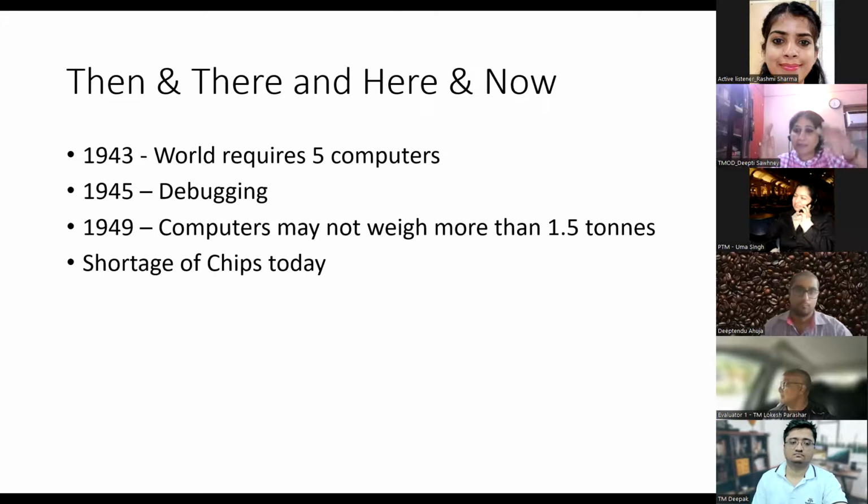The most popular fabrication units are in Taiwan, South Korea, China, and as Diptendu rightly said, they were worst hit. So fabrication units stopped producing chips. Inventory stocks were depleted. They were completely out of inventory. And here we had an increased demand in laptops and computers and all those things. So that is where the shortage of chips started happening.